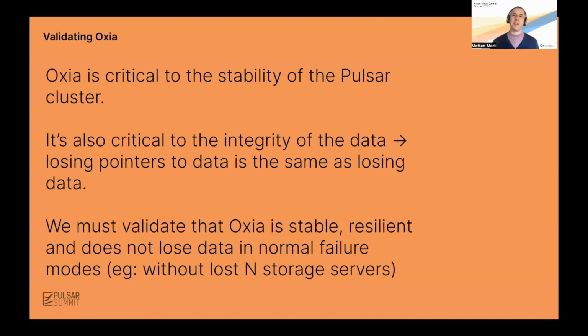If you lose all the pointers to the data, you lose a bunch of data, because you have the data there in the storage nodes, but you have no way of accessing it. It is the same as losing the data. In the same way, if the responses from Oxia get slower under certain conditions, or give some unexpected errors, they will also cause a problem for Pulsar using Oxia.